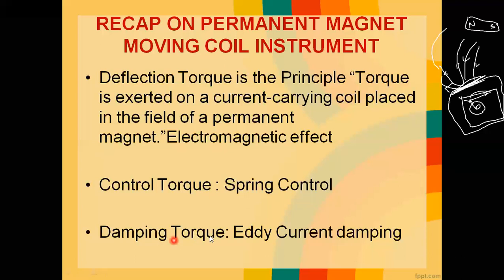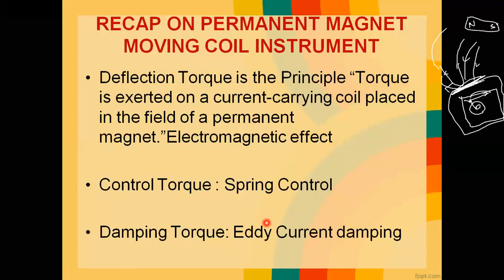And coming to the damping torque, we have eddy current damping as the rectangular coil is placed on a rectangular former. So it's a bit complicated construction of MC, but the sensitivity of MC is very high.